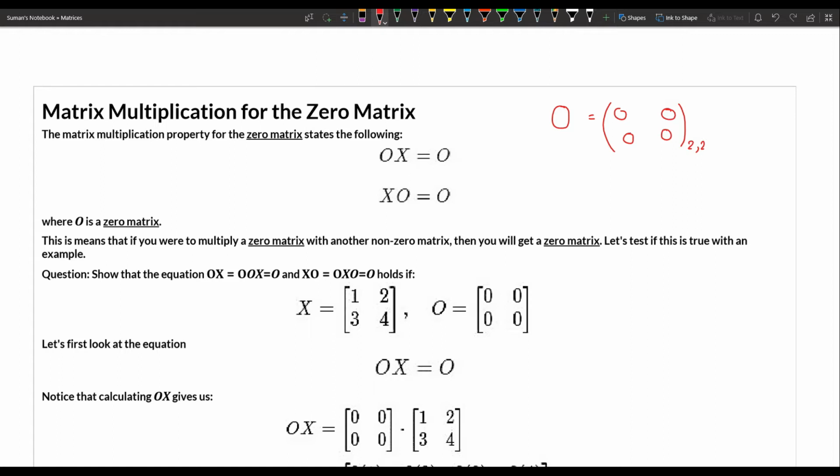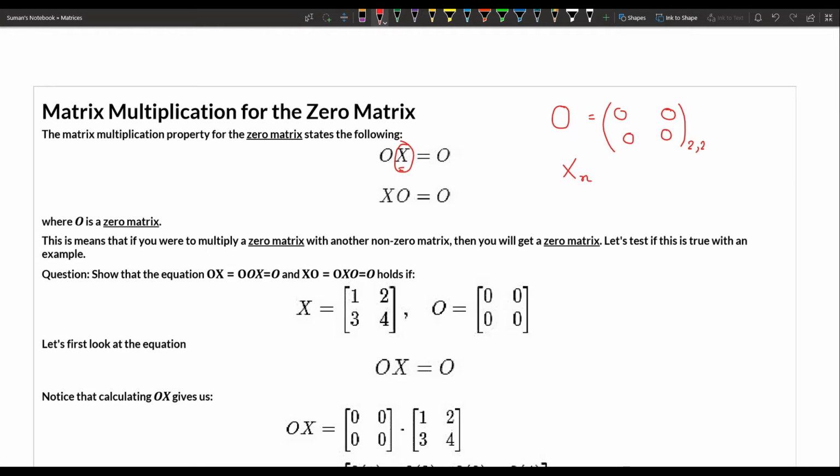So for matrix multiplication with the zero matrix, suppose we have a matrix capital X of order n.